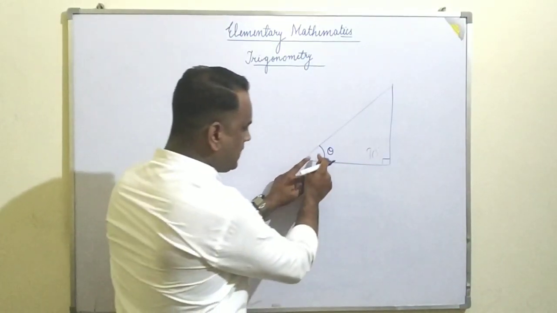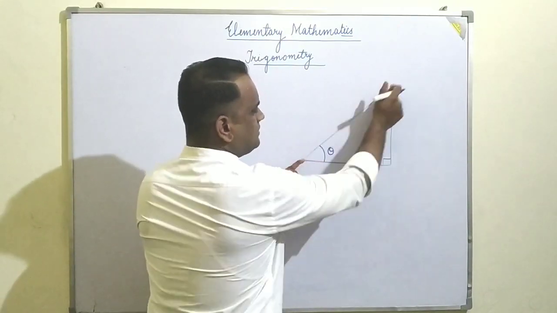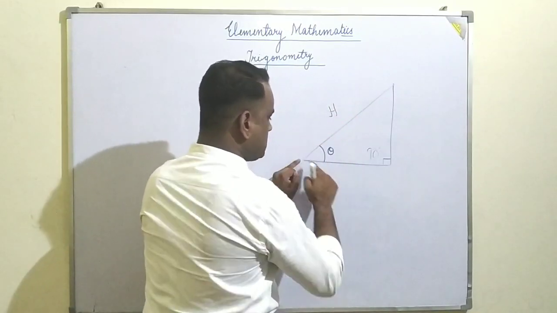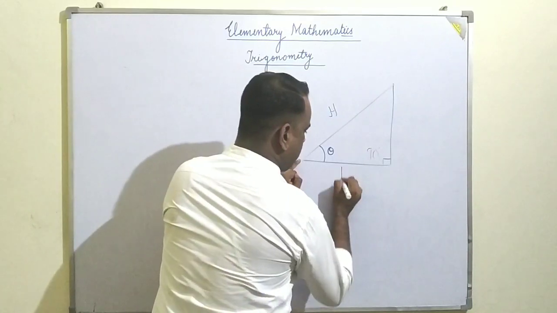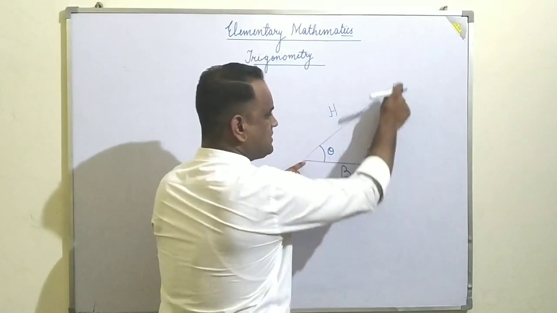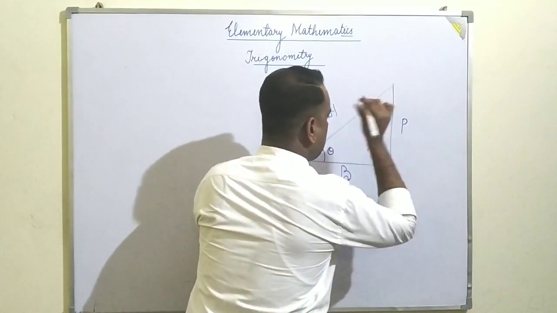The longest side, opposite the right angle, is said to be the hypotenuse. The side attached to theta below is known as the base, and the side in front of the angle theta is known as the perpendicular.